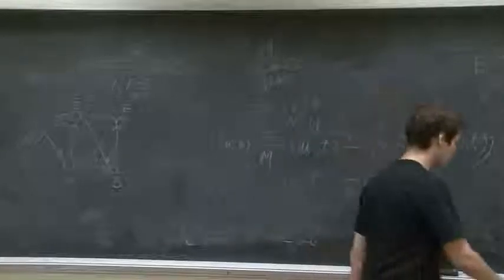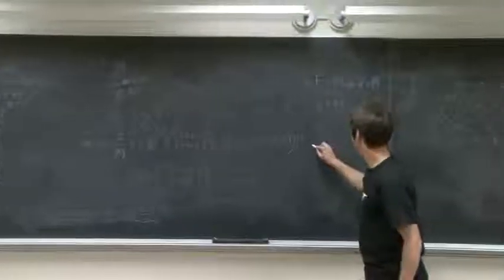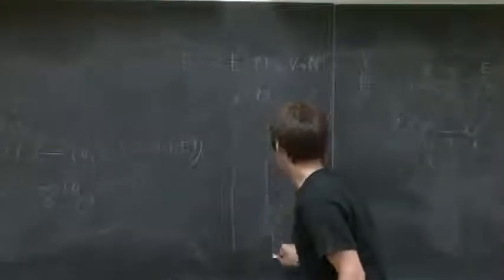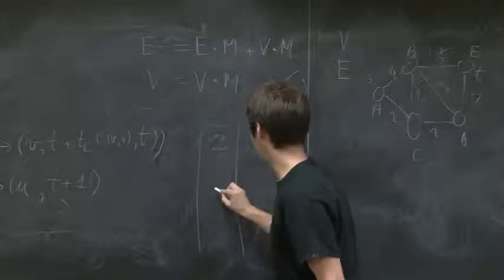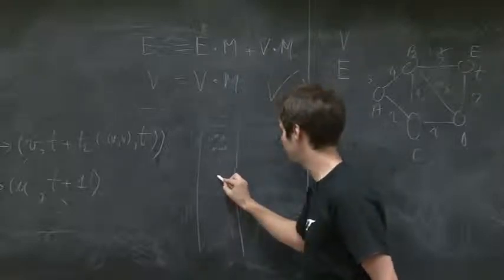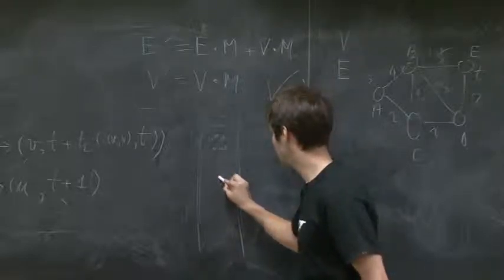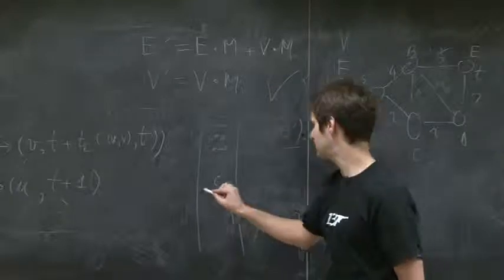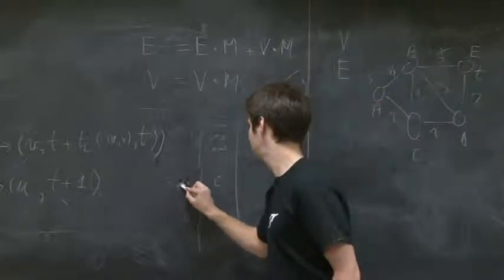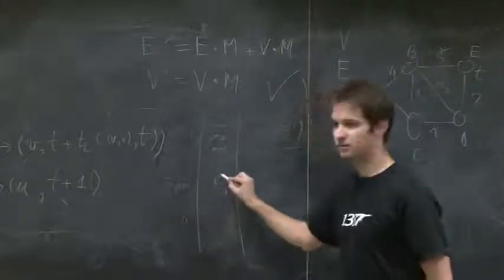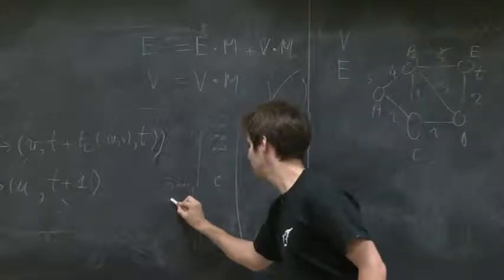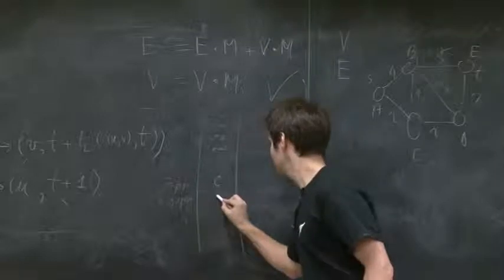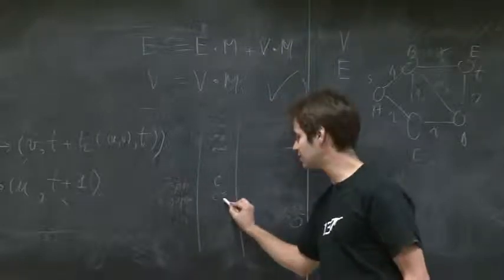What I like about this is the costs are going to look like this: infinity, infinity, infinity, all the way up until some point, and there you're going to have your final answer, the cost to get there the fastest. Say you can get there at 3 p.m. This is how much fuel you have to spend to get there at 3 p.m. If you're willing to wait until 3:01 p.m., you're going to have the best cost for that.